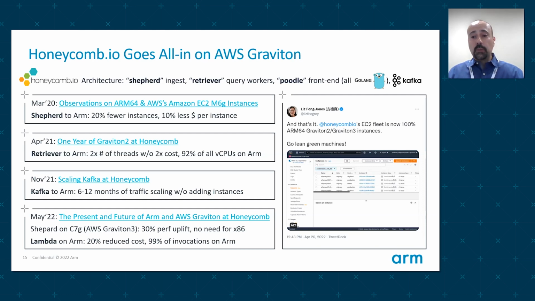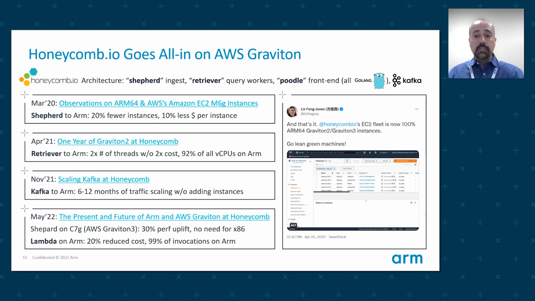Honeycomb first moved their Shepherd ingest workload to Arm, to Graviton 2 specifically, and found that they needed 20% fewer instances and paid 10% less per instance to support the same workloads, a dramatic cost savings. They next moved their retriever workload to Arm, which they found could scale up to 2x the number of threads without doubling their cost.